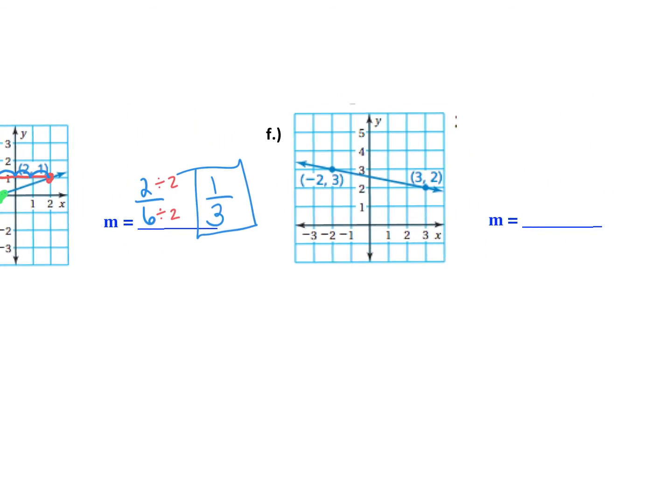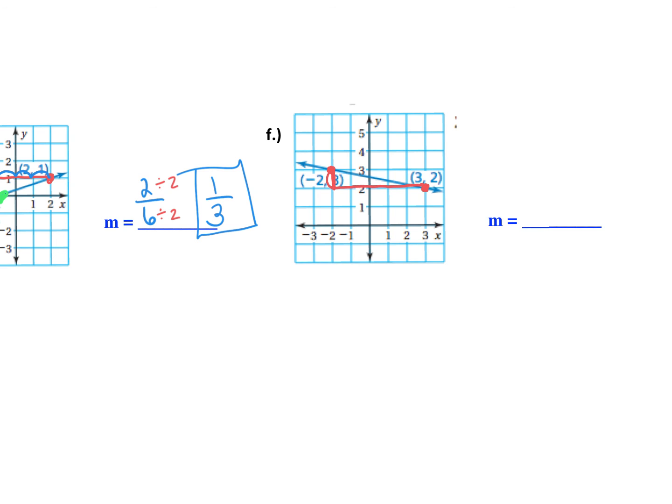All right. So let's try F, our last one. And so again, we're going to start from the point on the left, which is right here, and we're going to get to the point on the right, which is right there. So in order to do that, I need to go down 1, and I'm going to go over that many.